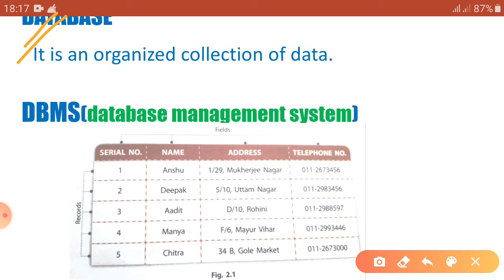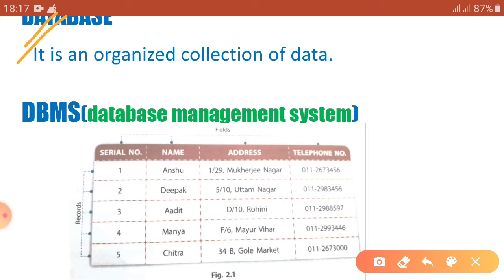Okay, so whenever we want to maintain a large amount of data manually, we get difficulties. So in this situation, a computerized record system is of great help. The data in a database is organized in such a manner that it is easy to access, manage, duplicate and remove.